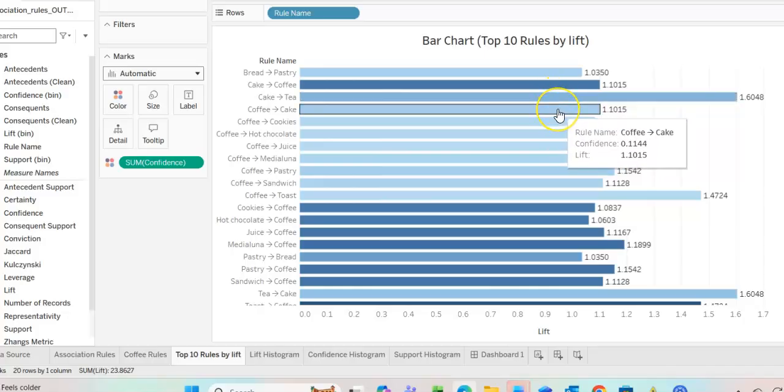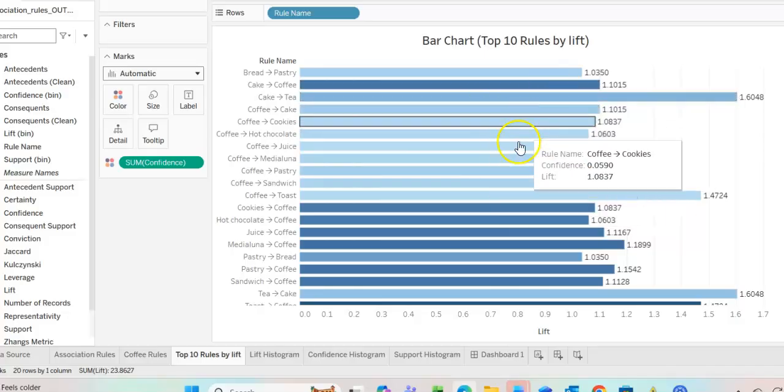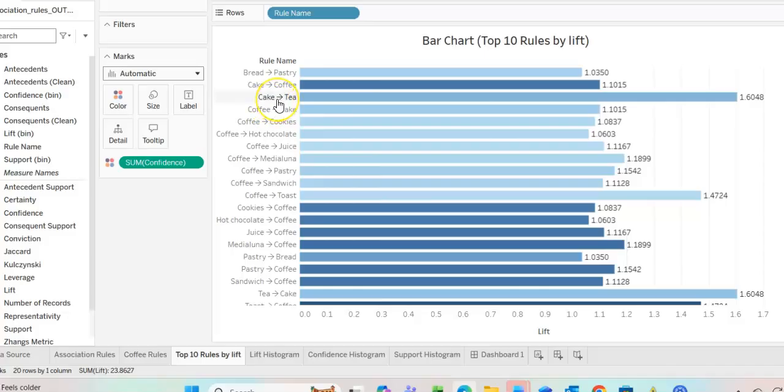A lift above 1 shows a meaningful association. So again, let's look at tea and cake. If you look at the longest bar here, tea and cake has the longest bar. They go together very well. The association is so good that a customer who buys tea will likely buy cake.